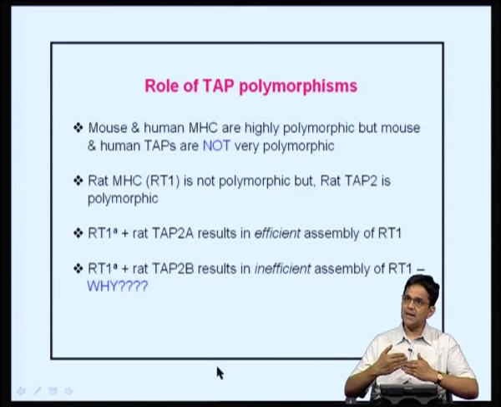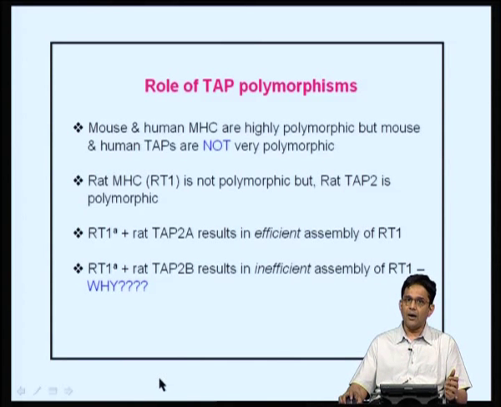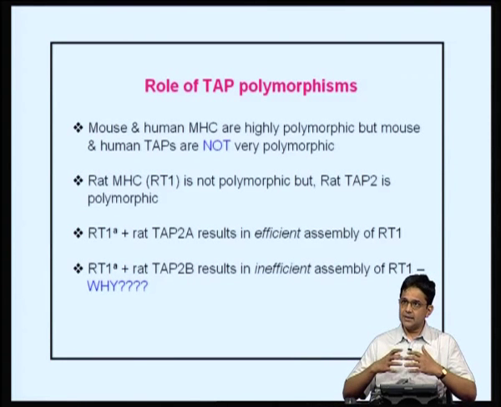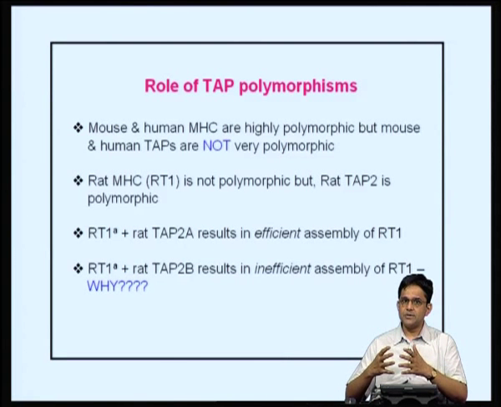So you have peptides coming into the ER, but those peptides are suboptimal for binding RT1A, whereas the peptides preferred by rat TAP2A are more of the types that RT1A prefers.